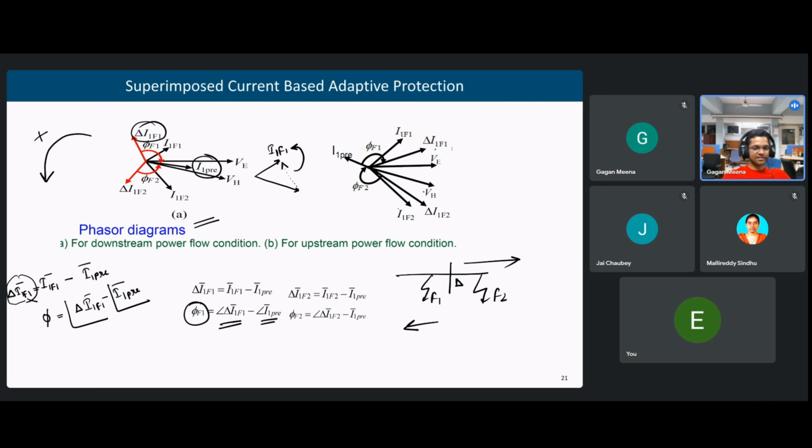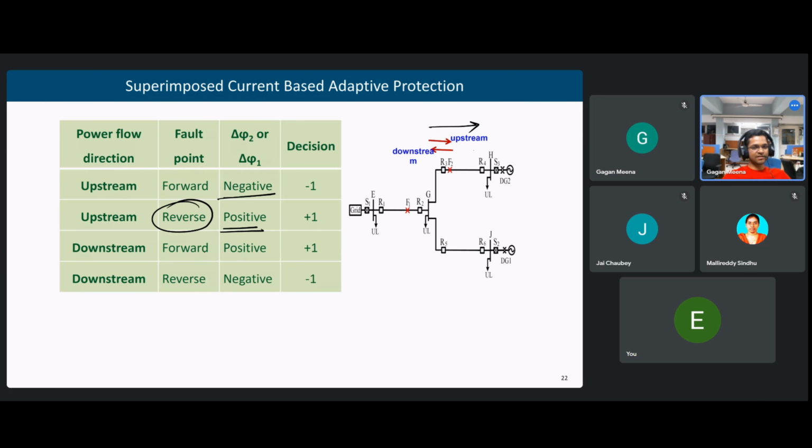That is why the difference is positive. But if we see this second position F2, here the superimposed component is this and the pre-fault current is this. The pre-fault current is leading, and as a result, this angle becomes negative. Same thing you can see here.